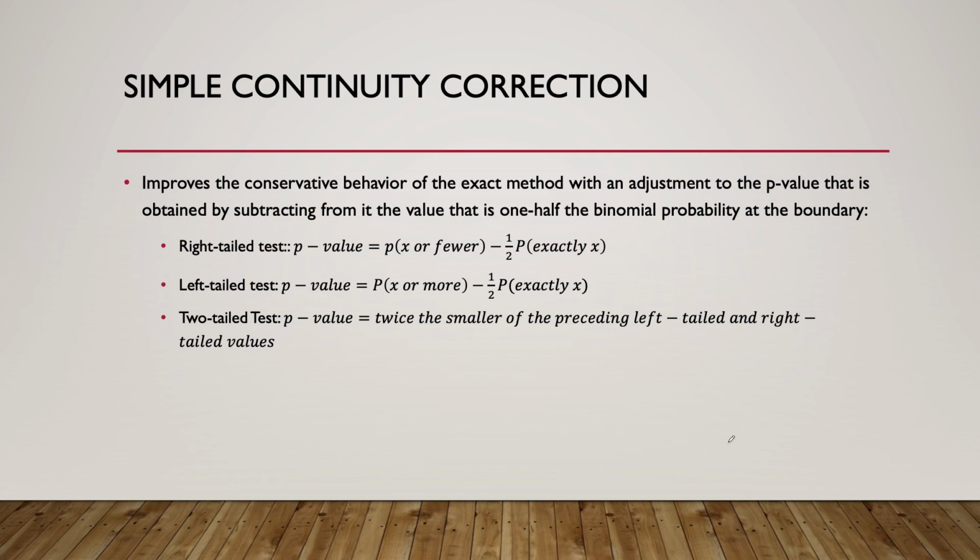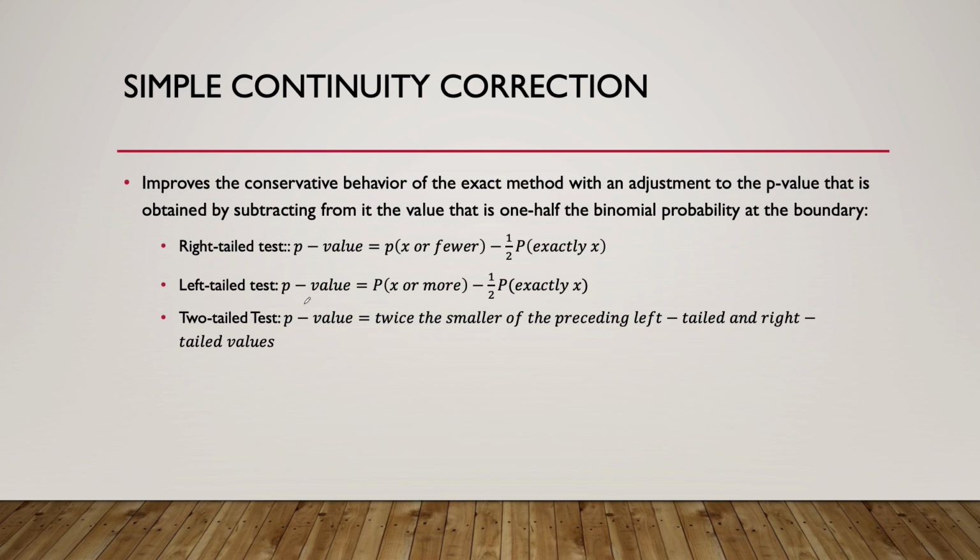We can also apply a simple continuity correction. This improves the conservative behavior of the exact method with an adjustment to the p-value that is obtained by subtracting from it the value that is 1/2 the binomial probability of the boundary. So in a right-tailed test, this would be the p-value is equal to the probability of x or fewer minus 1/2 of the probability of exactly x.